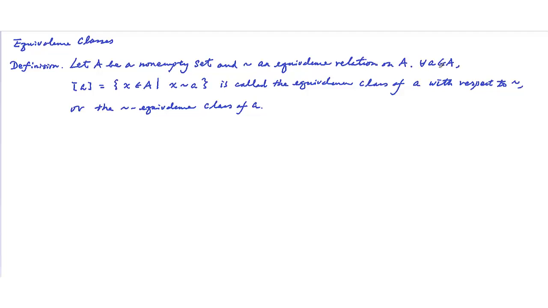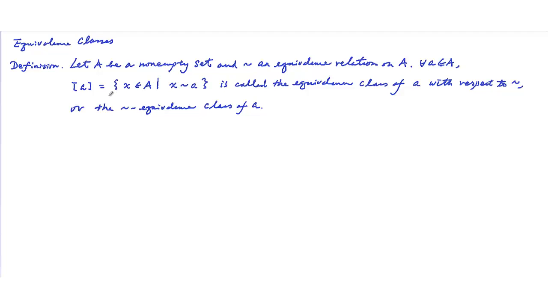For each a in A, the set of all elements x in A such that x is related to a is called the equivalence class of a with respect to ~, or the ~ equivalence class of a.